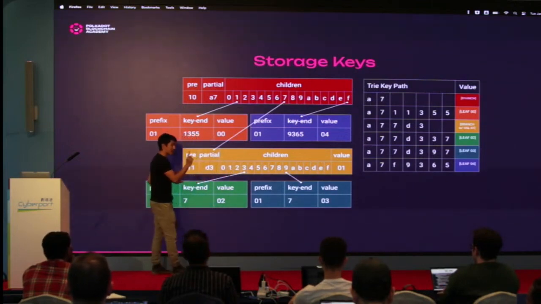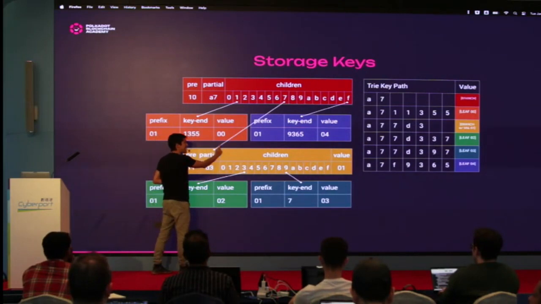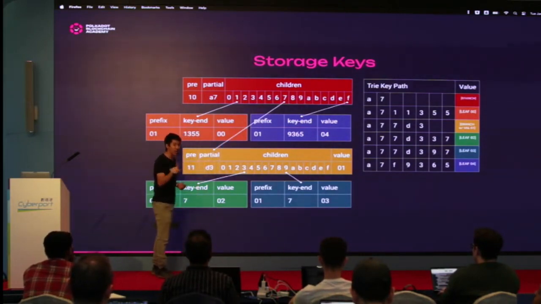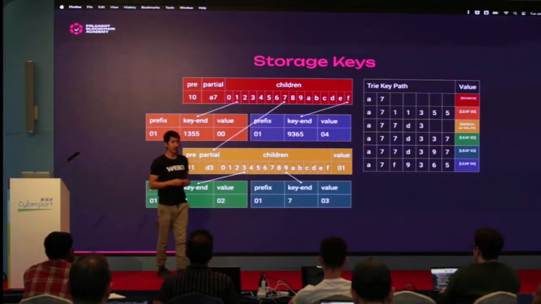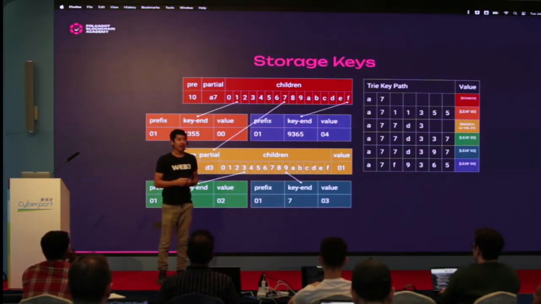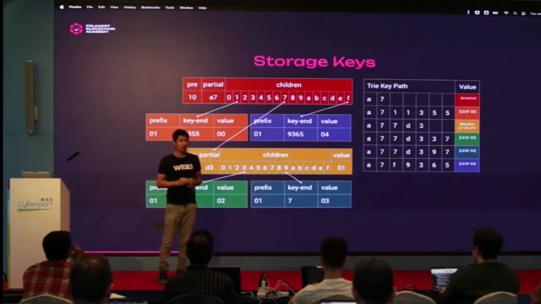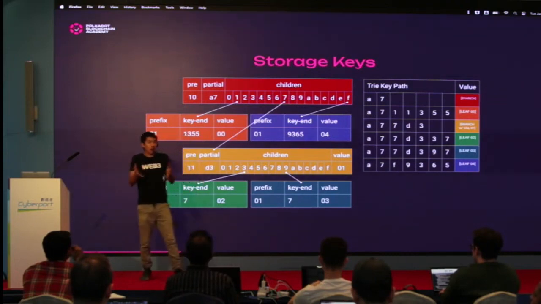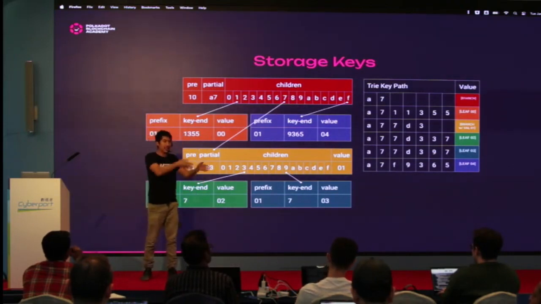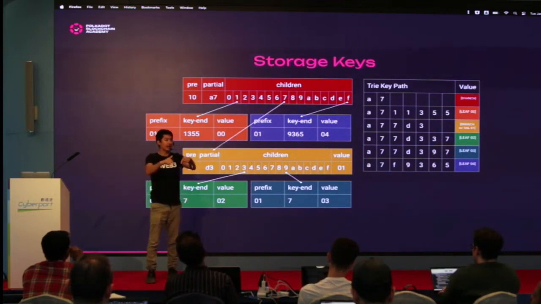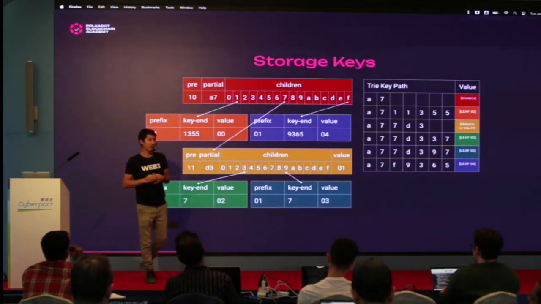You can find that the database key which got you this information is the hash of this value. What does that mean? It means if there's ever duplicate data in your Merkle tree, you only have one copy of it. You have a value, it has a hash, that's the key. 1 million people can reference that data. You only need it one time.